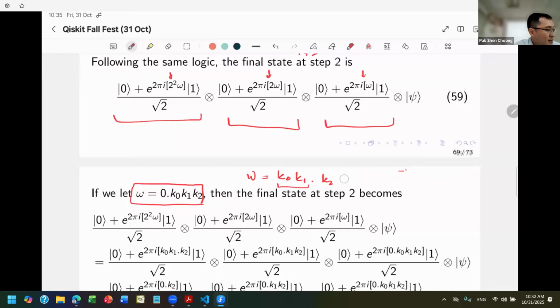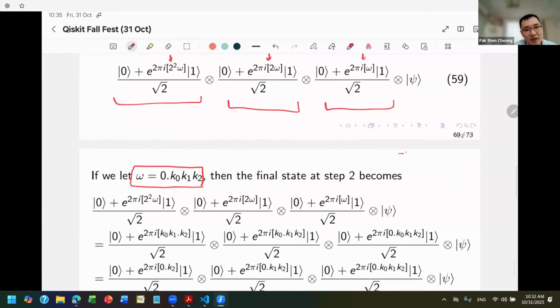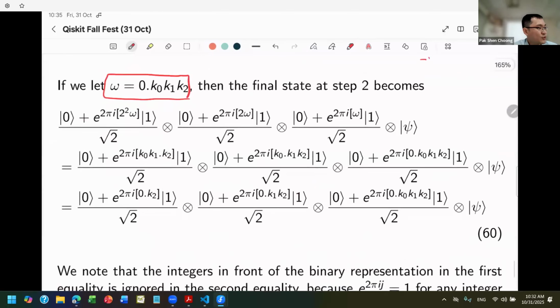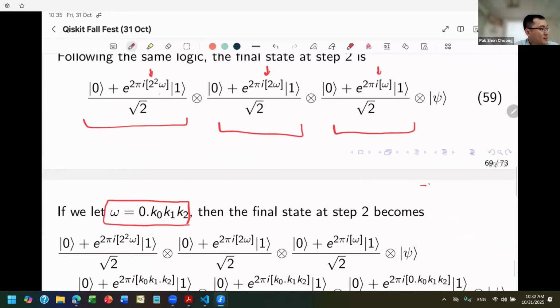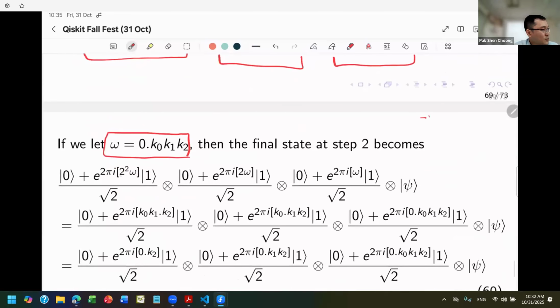So we let omega be 0.k0, k1, and k2. Then you can look at this thing, the first one, the second one, and the third one again. So 2 squared omega, because this is in binary representation. Originally this is k0 times 2 to the power of minus 1, k1 times 2 to the power of minus 2, k2 times 2 to the power of minus 3.